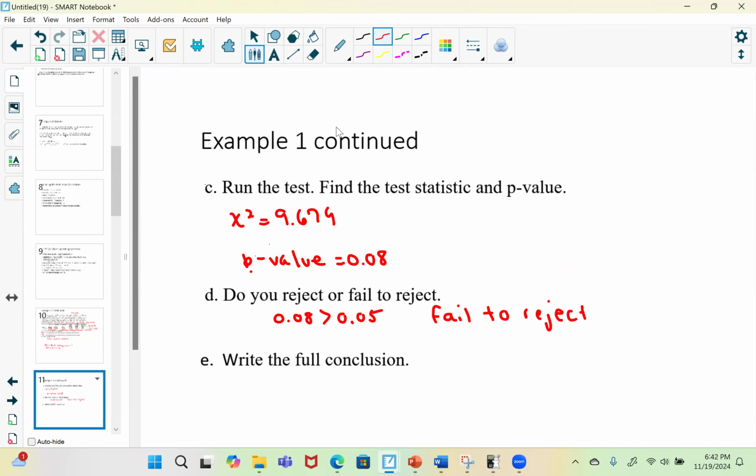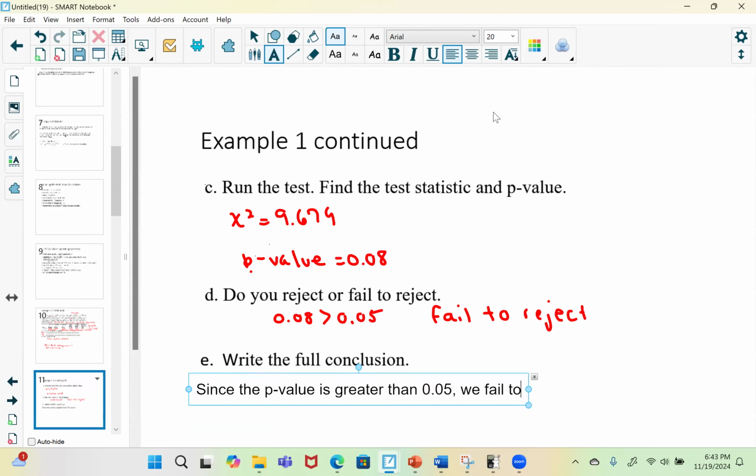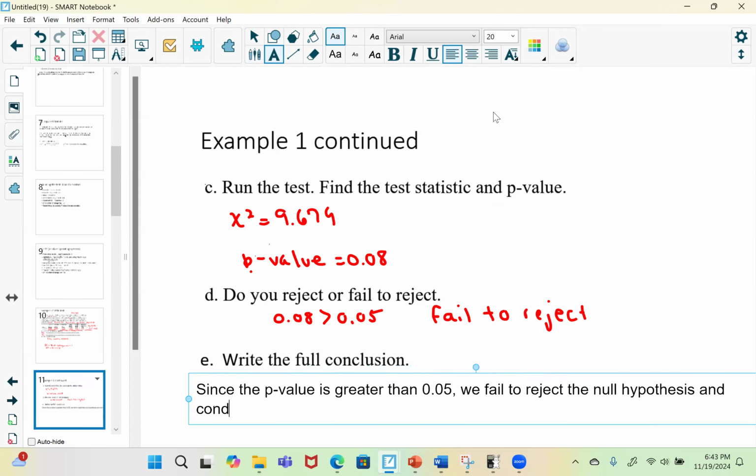And then we write our conclusion. For this conclusion, we say, since the p-value is greater than 0.05, we fail to reject the null hypothesis and conclude, because we're not rejecting, we're saying there is not enough evidence.